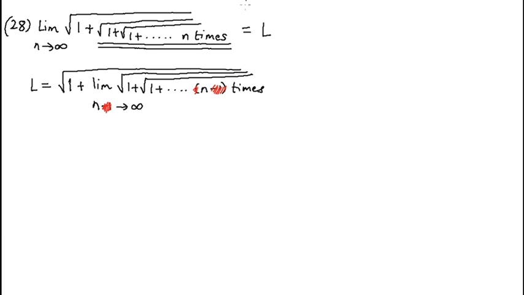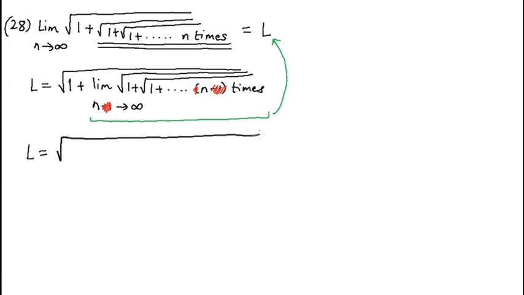Now in doing this manipulation, what I have got essentially here, this limit is nothing but my original limit, which was L, and so I can rewrite the equation as L equals square root of 1 plus, and the limit which I have written here is L itself.